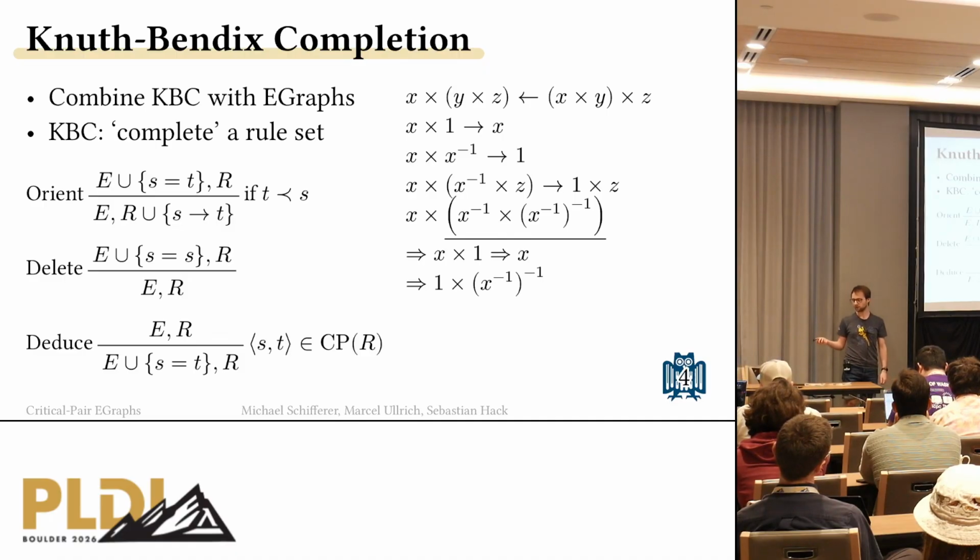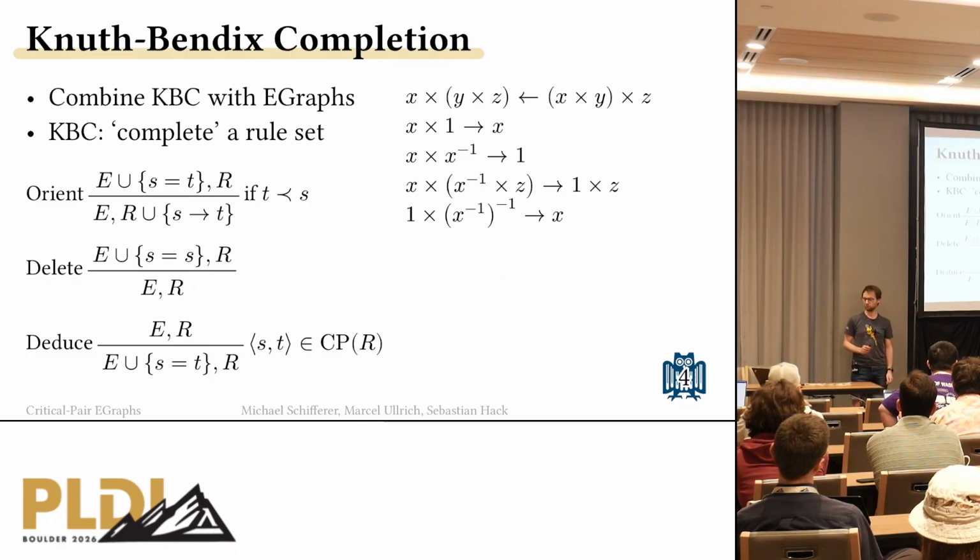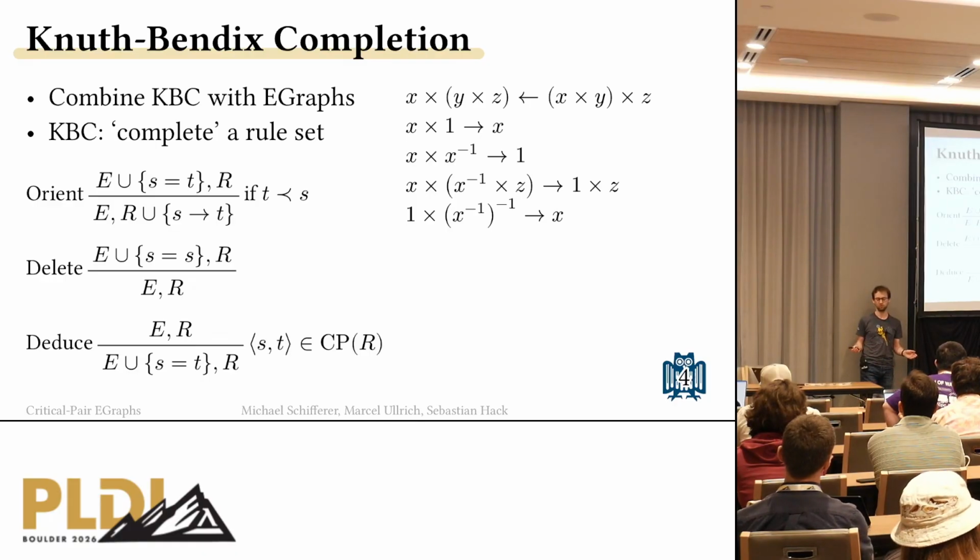On the left-hand side, with our new rule, which is this one here, we know this whole term is the same as z, so it's the same as 1 times inverse of x. And if we orient this rule, you can see, okay, we are already very close to the rule we want. We have 1 times the double inverse of x is the same as x. So we have invented a new rule which we previously were missing.